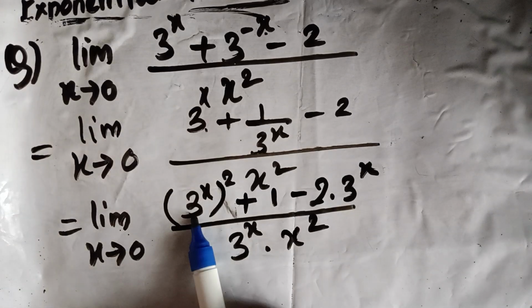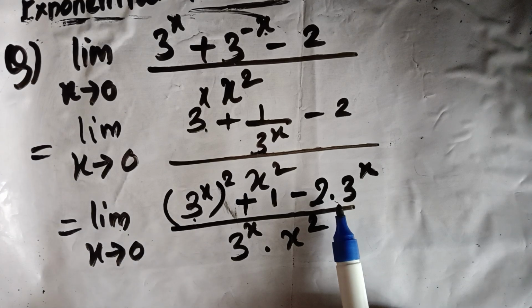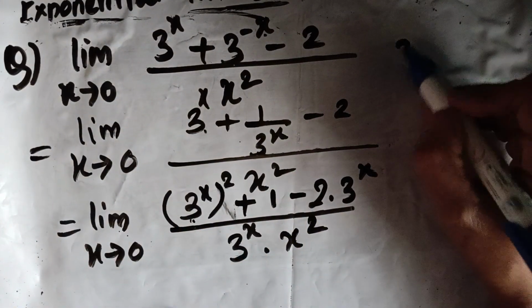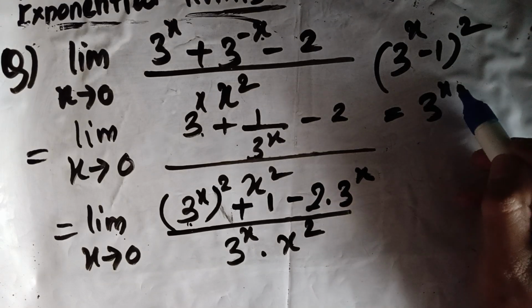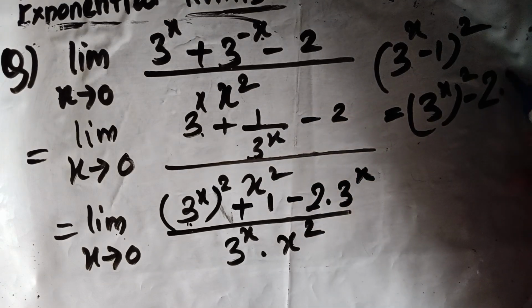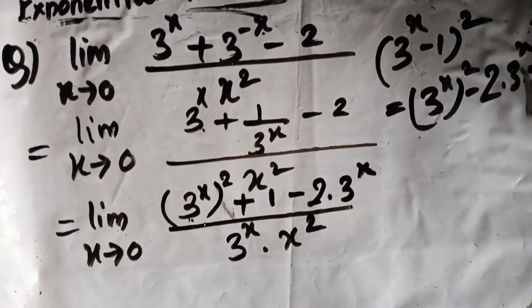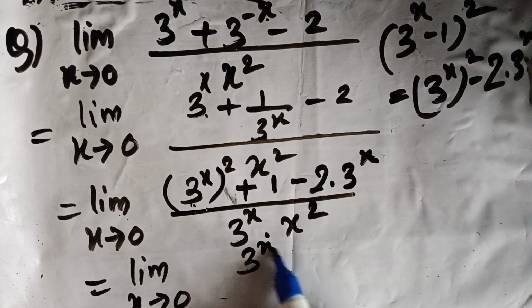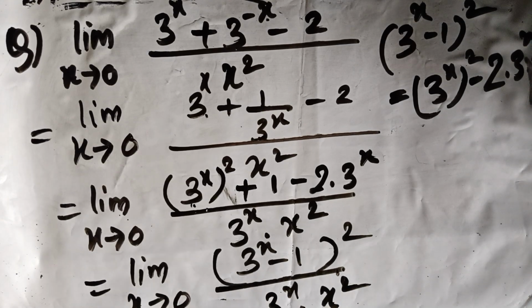If you look at this term, you will understand that this is (a minus b) the whole square. If I take this as (3 raised to x minus 1) the whole square, then you will get (3 raised to x) the whole square minus 2 into 3 raised to x plus 1. Same term it is. So we can write this as limit as x tends to 0, (3 raised to x minus 1) the whole square upon 3 raised to x into x square.